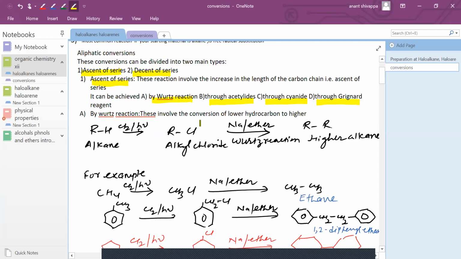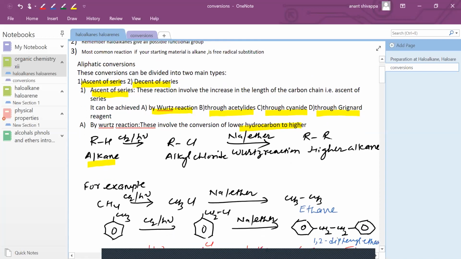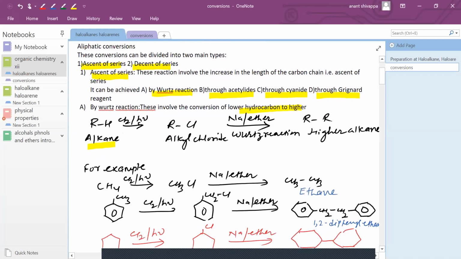This involves the conversion of lower hydrocarbon to higher hydrocarbon. Suppose your starting point is alkane. As I said earlier, when alkane is the starting point, the most common reaction is free radical substitution. So here, this depicts free radical substitution.